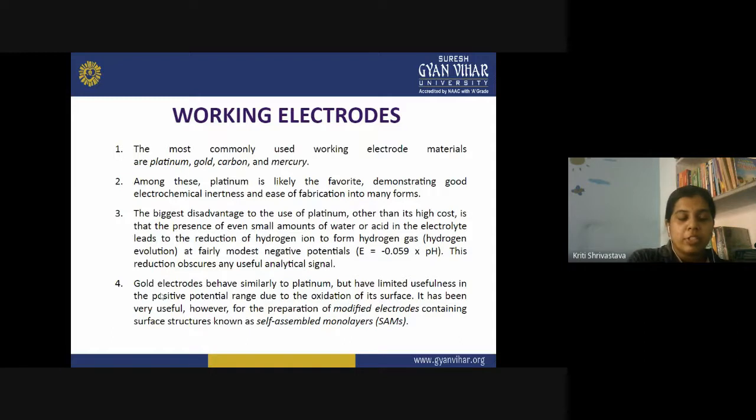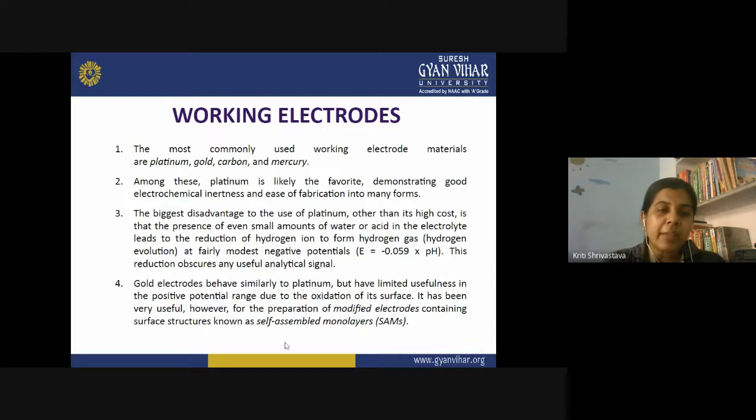So, in the positive potential range, the gold actually oxidizes itself, and therefore it becomes unable to perform any electron transfer reaction in that potential window. So, this is a limitation of using gold electrode.